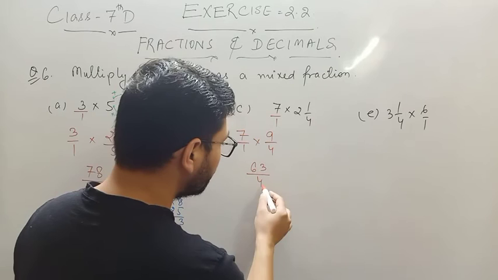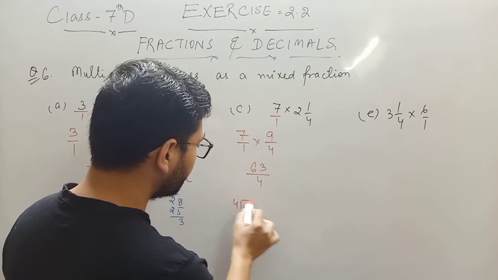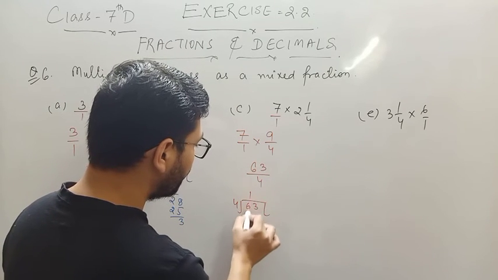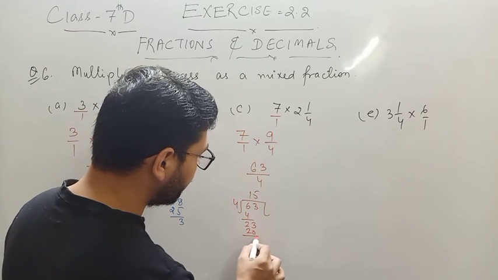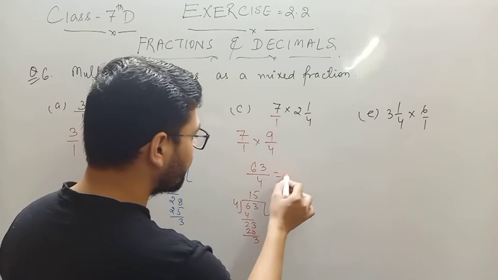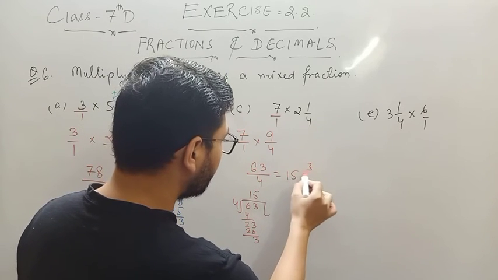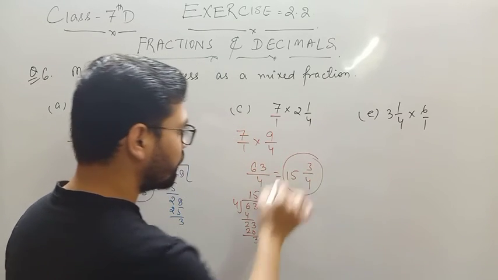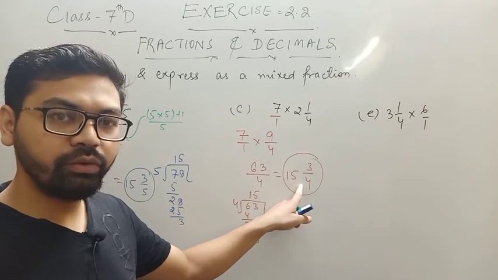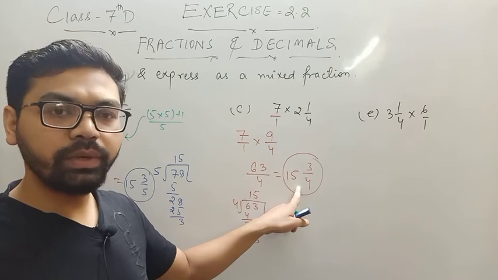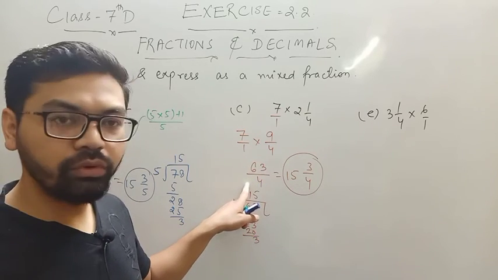Now you just need to divide 63 by 4. 4 1s are 4, 23, 4 5s are 20, the remainder is 3, right? So you can write 15 3 by 4. 15 4s are 60 plus 3, 63 divided by 4. So this is the mixed representation of 63 upon 4, right?